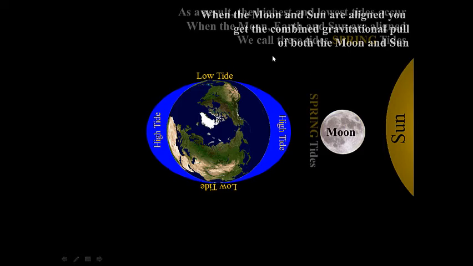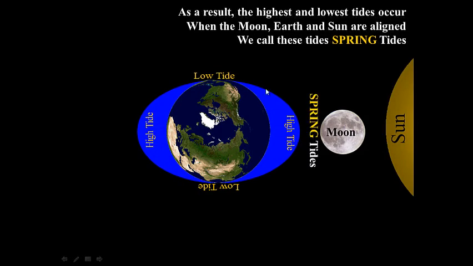As a result, we get the highest tides, which we call spring tides, when the moon, Earth, and sun are aligned. With spring tides, you get the highest tides, and you get the lowest tides as well. So these are like extreme tides, right? When the moon and the sun are aligned, the highest and the lowest tides.